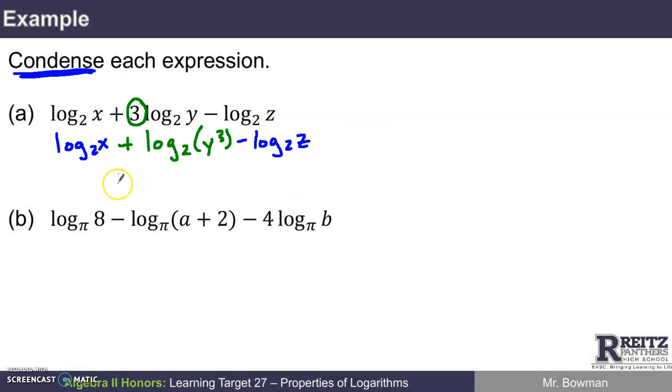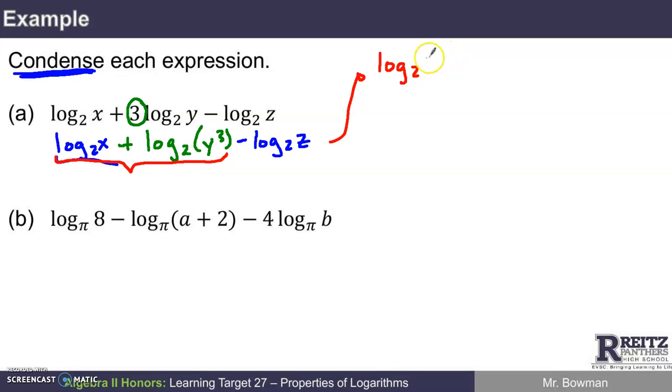Now I see a sum of 2 logs that I could write as a product with one input, one term, log base 2.